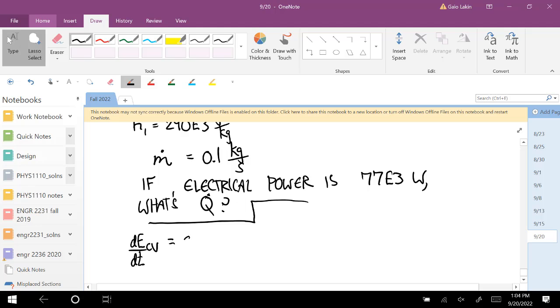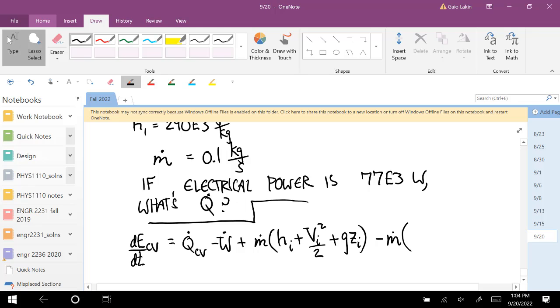So dE/dt is equal to Q dot minus W dot plus m dot times the quantity hi plus vi squared over 2 plus g zi, minus m dot times the quantity he plus ve squared over 2 plus g ze.